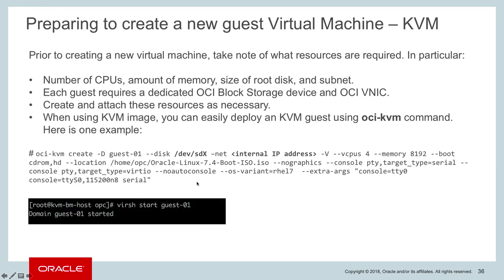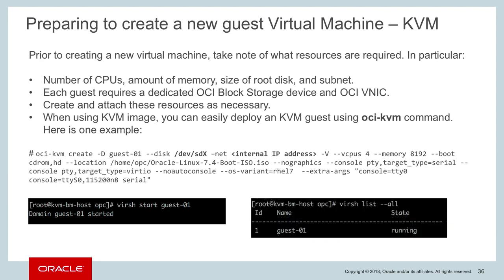Okay, so once you have created the guest, you can use regular KVM tools like virsh commands to start a guest and to check all the guests that are up and running on your KVM host.